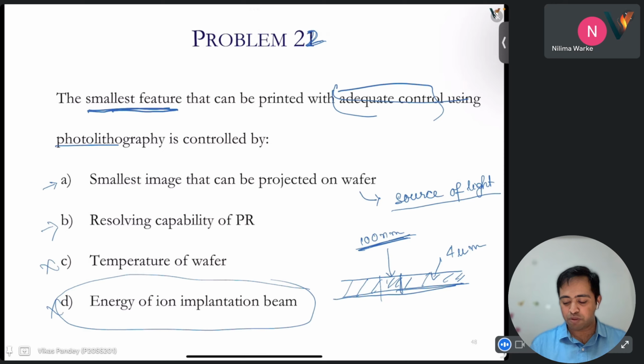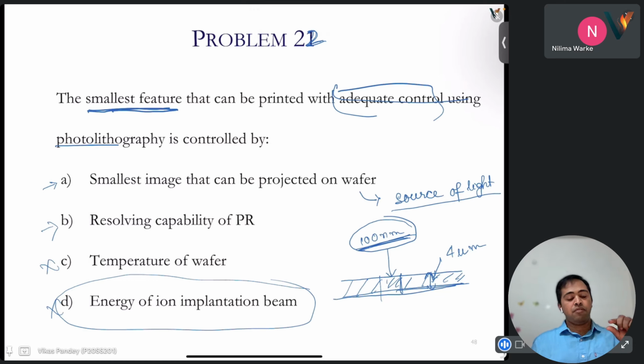Will it be possible? The thickness of the photoresist is 4 micrometer, so there will be a lot of refraction, and we will not be able to get such small dimensions. So the resolving capacity of PR is very important when going for smaller dimensions. Sometimes we have very good instruments, but we don't have a PR that can go to that thinner layer.